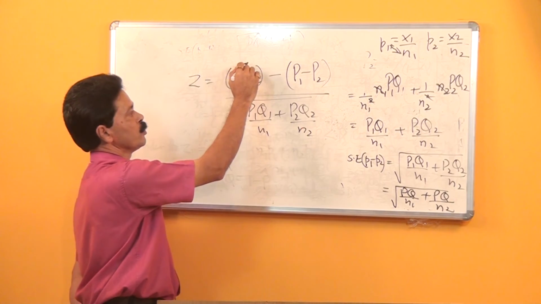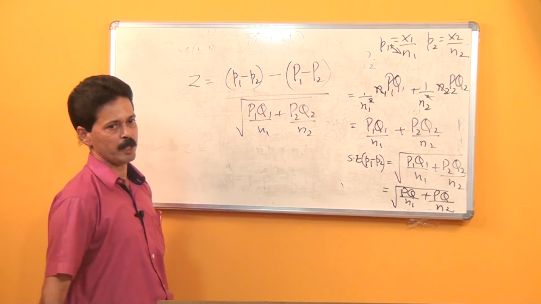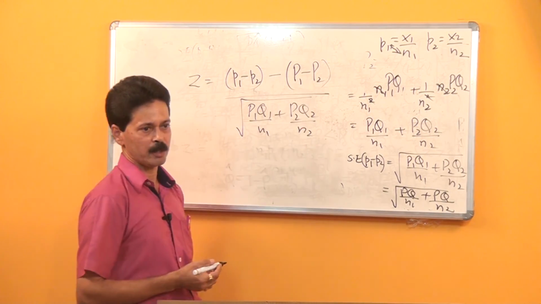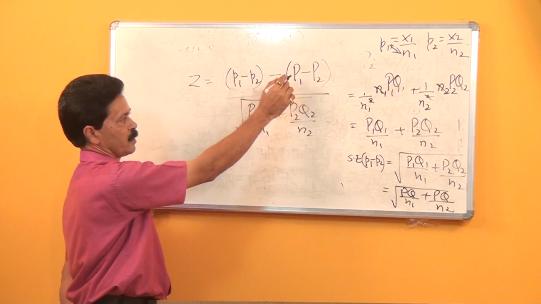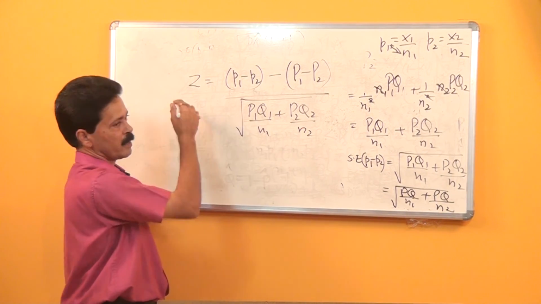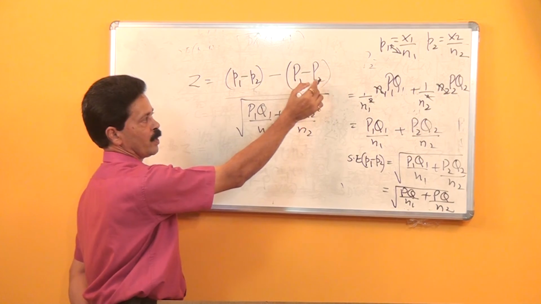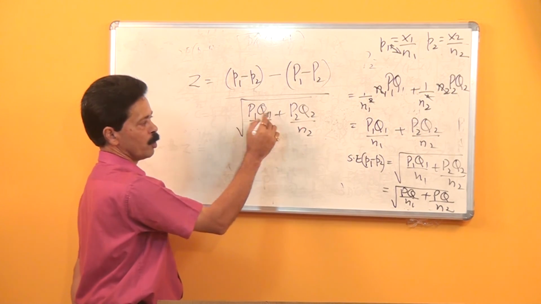As you know, using the central limit theorem, the distribution of P1 minus P2 is normal with mean capital P1 minus capital P2 and standard error like this. So the test statistic is given like this, but under H0 P1 equals P2, which means P1 minus P2 becomes 0 and P1 and P2 are both equal.